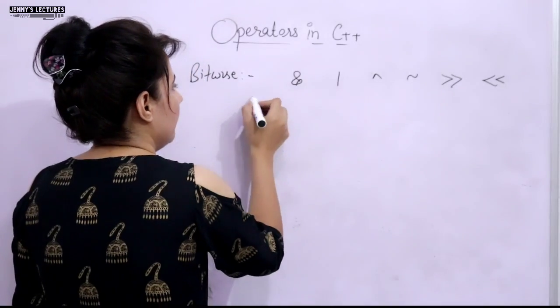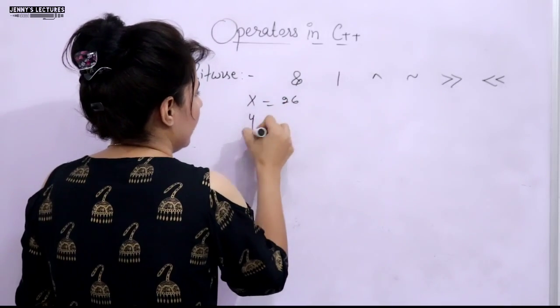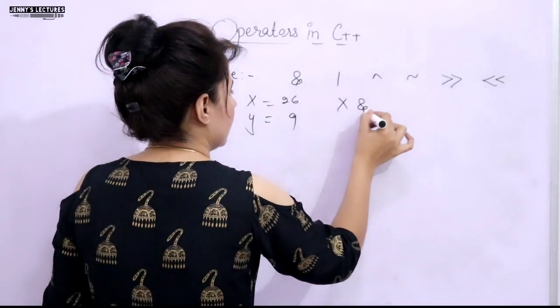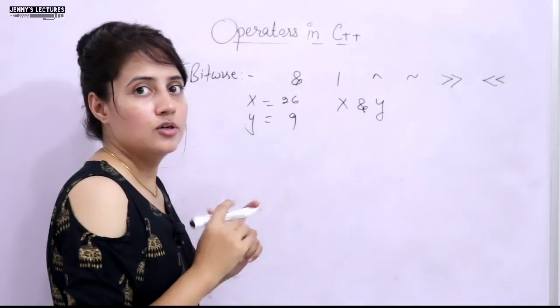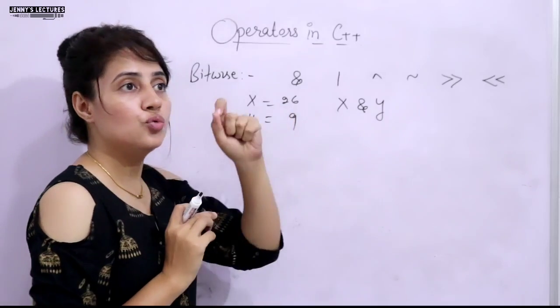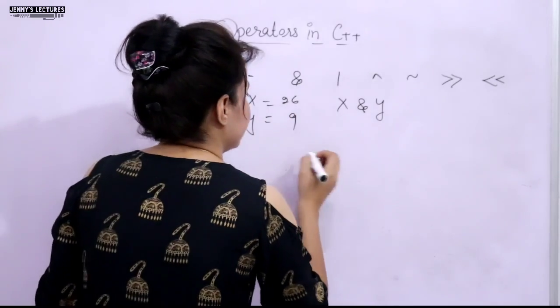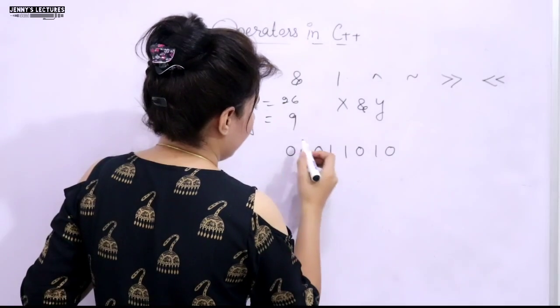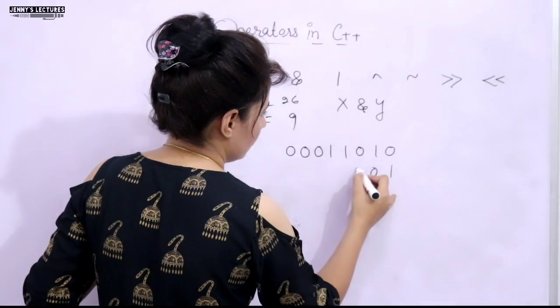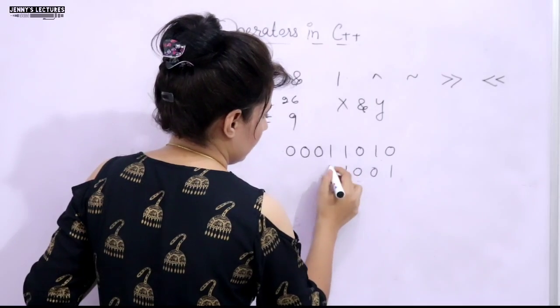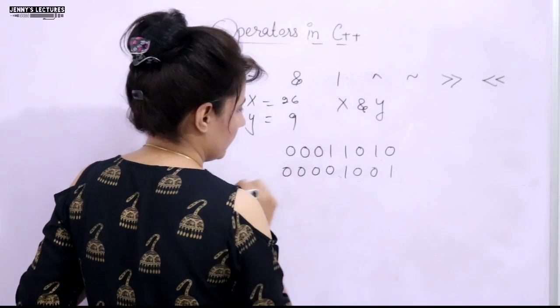Suppose I have two numbers, x is equal to 26 and y is equal to 9, and you have to perform x AND y, bitwise AND. First translate these into bits, zeros and ones. So 26 would be this one and 9 would be 1 0 0 1. I am representing in 8 bits.